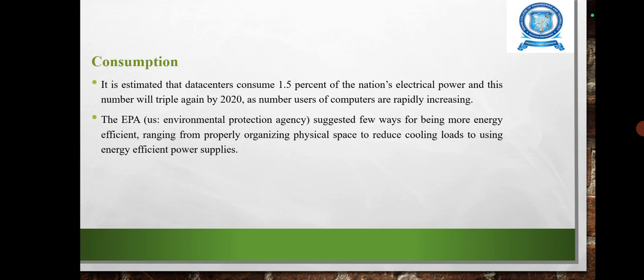It is estimated that data centers consume 1.5% of the nation's electric power, and this number will triple again by 2020 as the uses of computers are rapidly increasing. If we do not save power, then we need more power plants to satisfy future needs. That means it will increase carbon dioxide by many million metric tons per year.